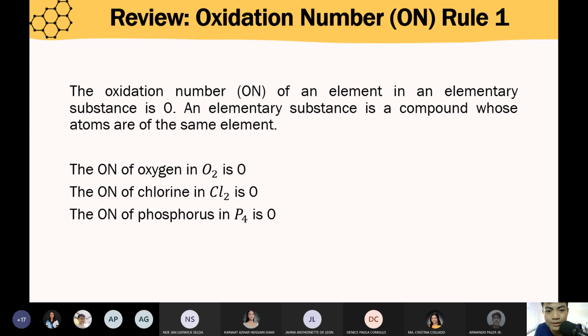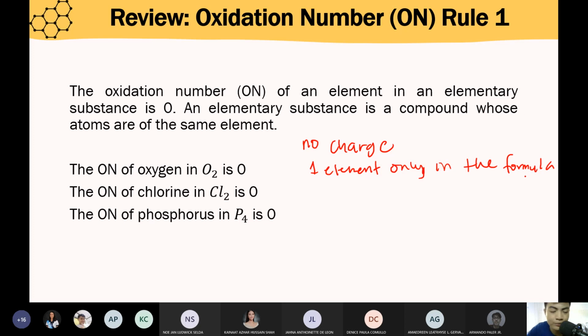You will know that your substance is in the elemental state if it doesn't have any charge and its formula consists of one element only in the formula. Okay? So dyan mo malalaman whether that's elemental state or not.